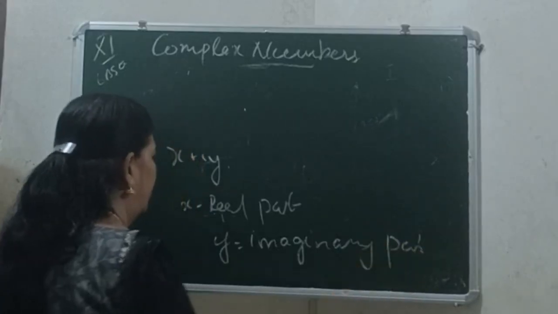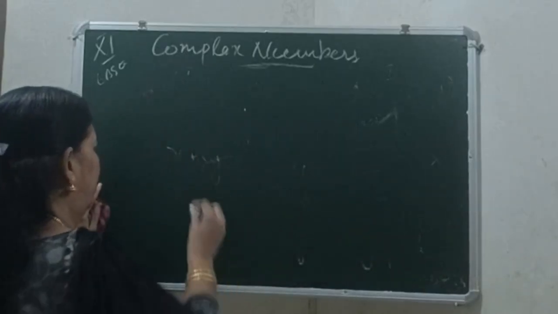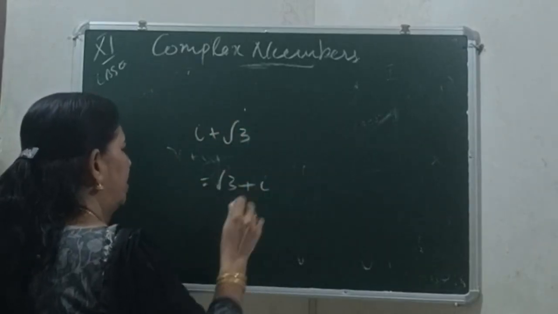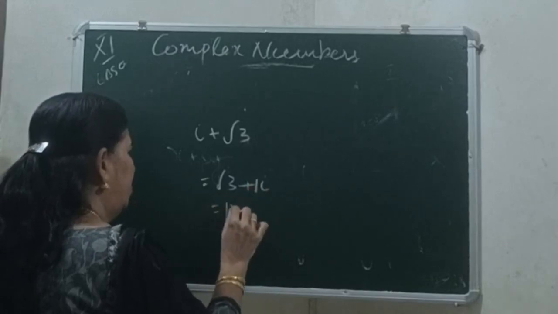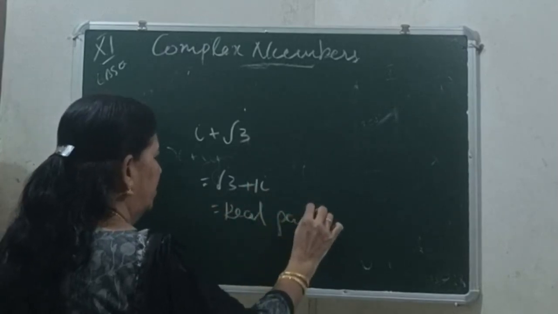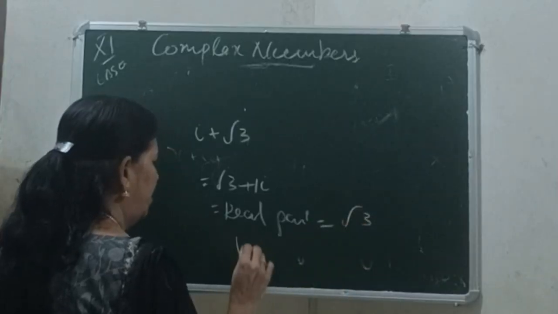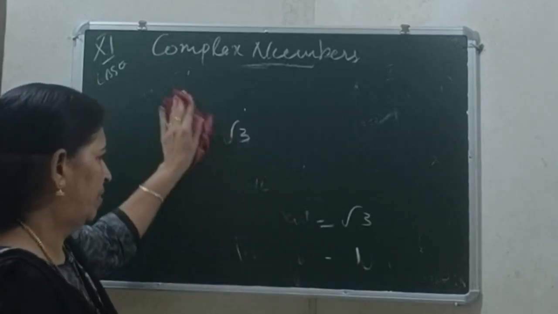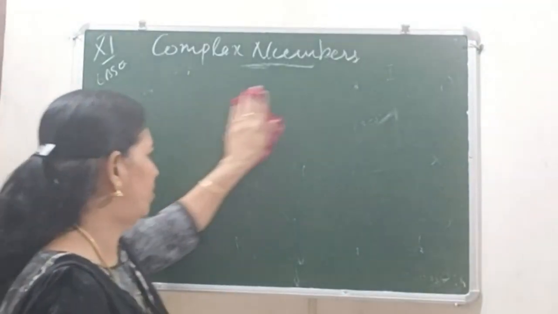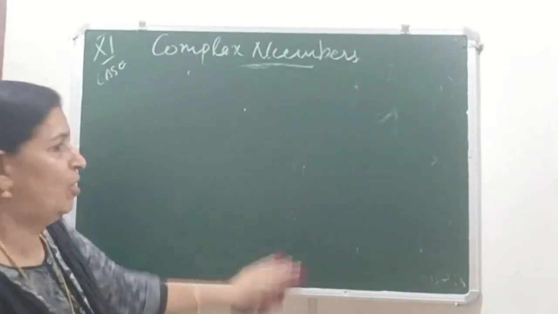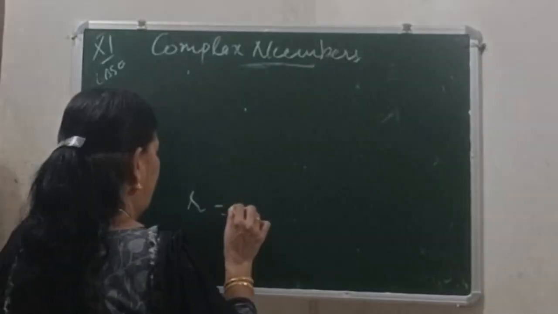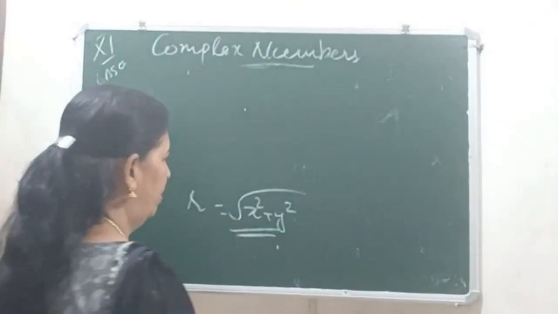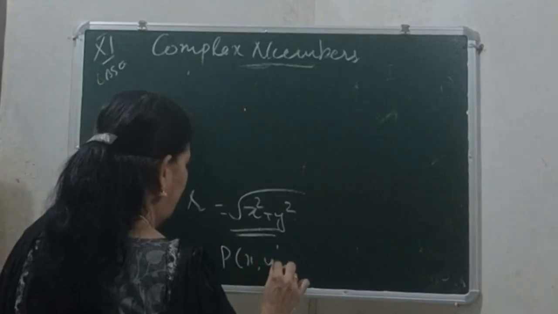Considering i plus root 3, that is root 3 plus 1i, the real part is root 3 and the imaginary part is 1. r square equal to x square plus y square. r equal to root of x square plus y square, and the coordinates are x, y.